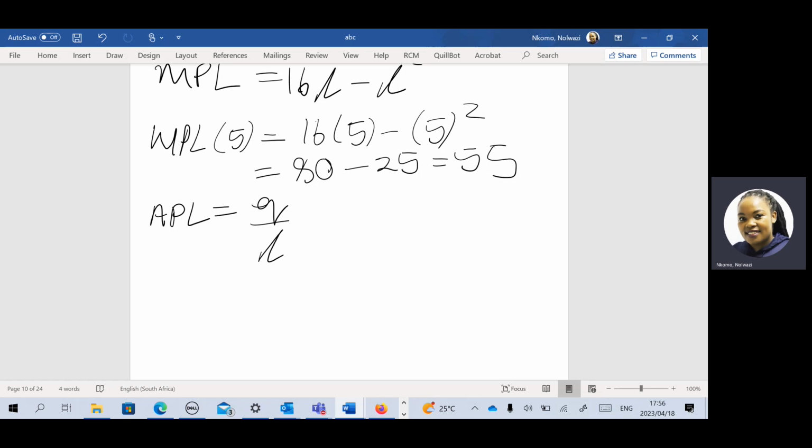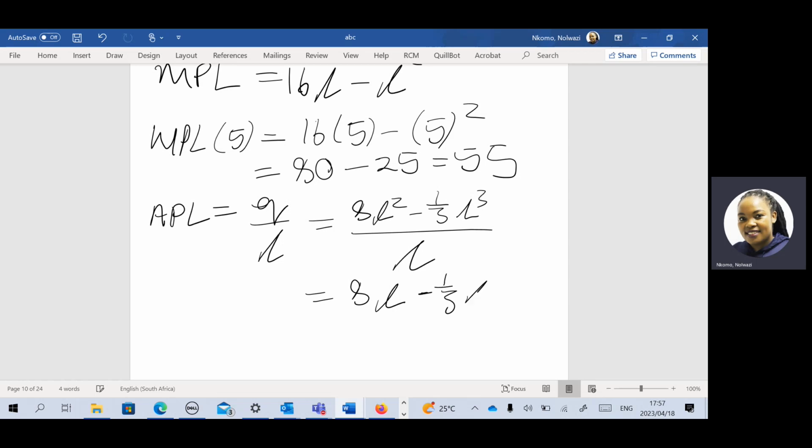Okay, so we know that Q is equal to 8L squared minus 1/3 L cubed. We're dividing by L. If we divide by L, you should get 8L minus 1/3 L squared. Okay, this is your average production of labor.